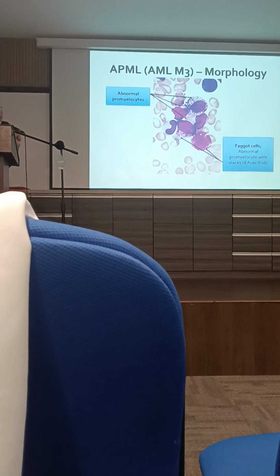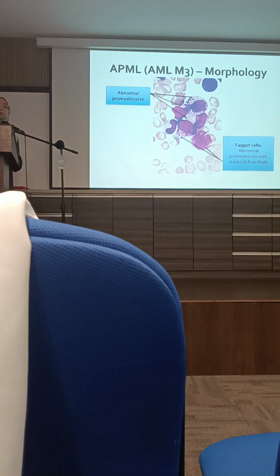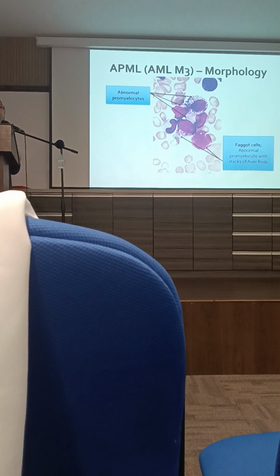These are abnormal, these are abnormal, these are abnormal. Are you supposed to see promyelocytes in the peripheral blood? Yes or no? No. Okay. What should you see? Neutrophils. End of story. The moment you see promyelocytes hanging around in the blood, there's something wrong. So you have to exclude whether this is APML.